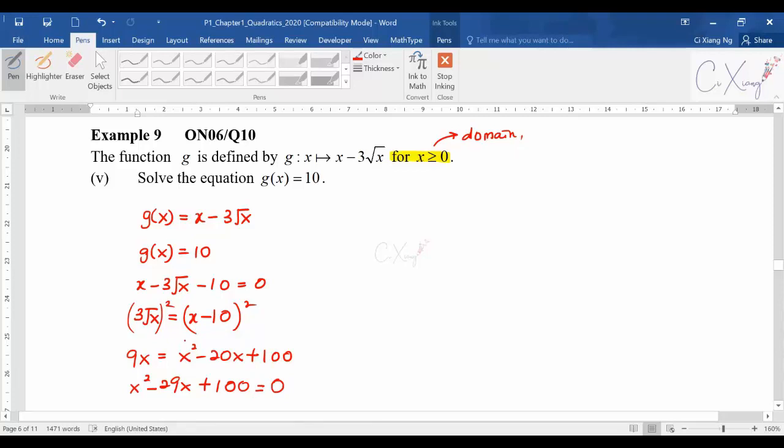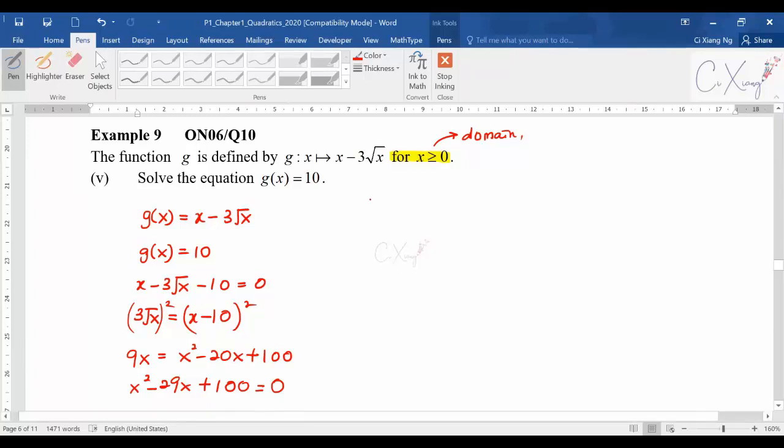From here, some students will say, okay, try to solve the quadratic equation. Can you solve it or not? It should be no problem. What is the method you can use? Do you want to use factorization, or do you want to use the formula?